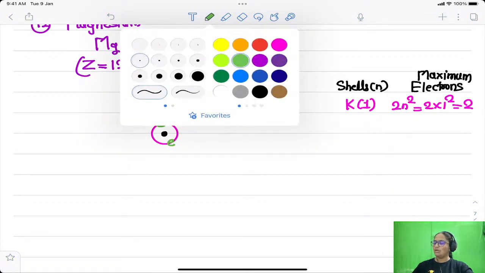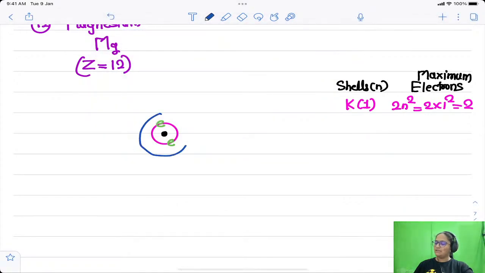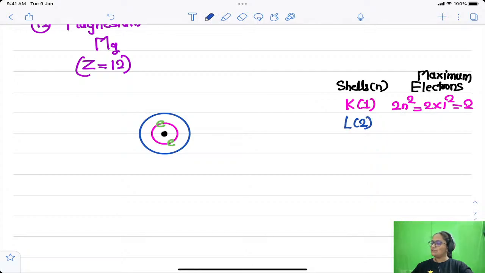Now we will enter the next shell, as the K shell is completely filled. Next shell is nothing but the L shell, also called the second shell, for which the 2n square formula gives 2 into 2 square, that is equal to 8. So we can fill a maximum of 8 electrons there.